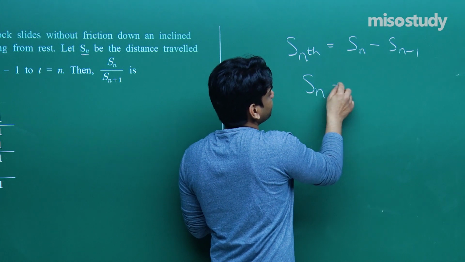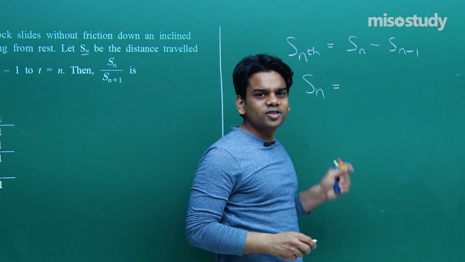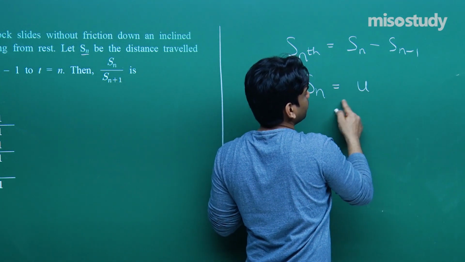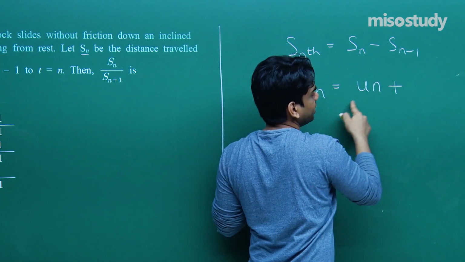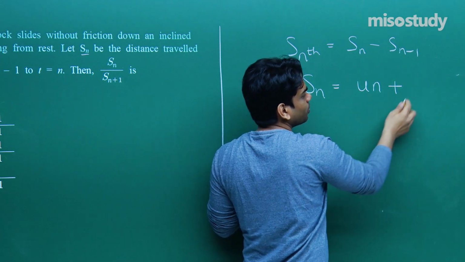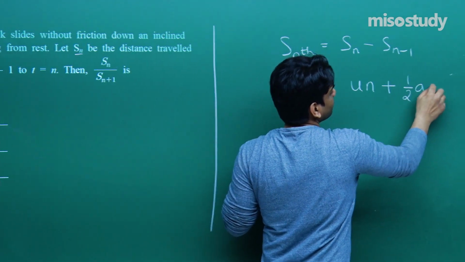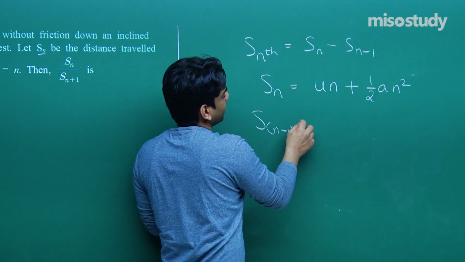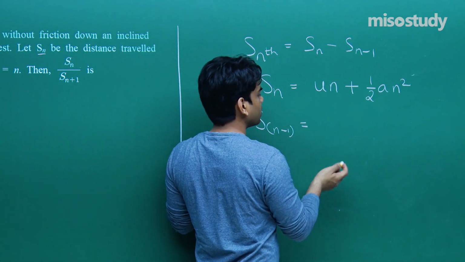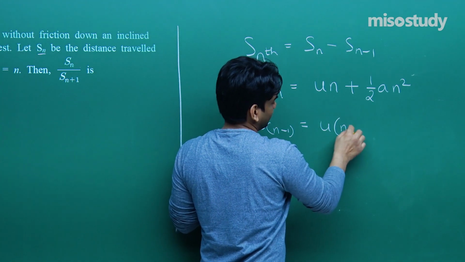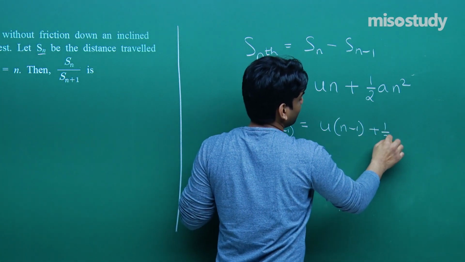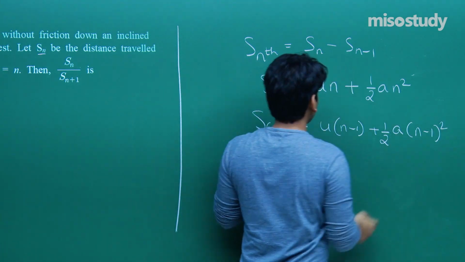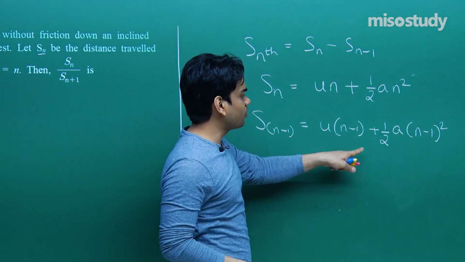Now for Sn, we know that S equals ut plus half at square. So this will be ut plus half at square with t as n, for the distance traveled in n seconds, and the distance traveled in n minus 1 seconds will again be S equals ut plus half at square. Now you have to subtract these two, so let us simplify this first.